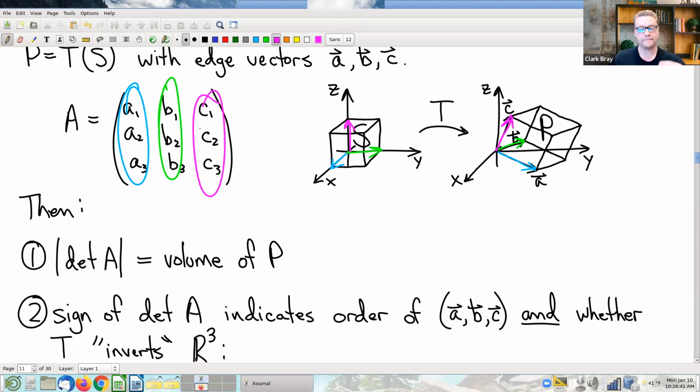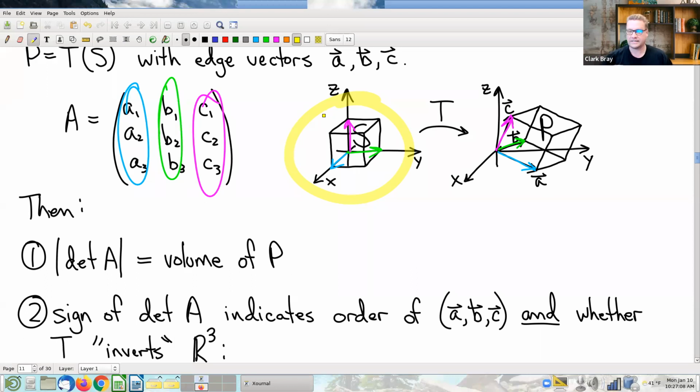You can see that this right-hand listing that we had here, first standard basis vector, second standard basis vector, third standard basis vector, is always a right-hand order. The image there, let's see if I can do this about right. I'm trying to see how this is going to look for y'all.